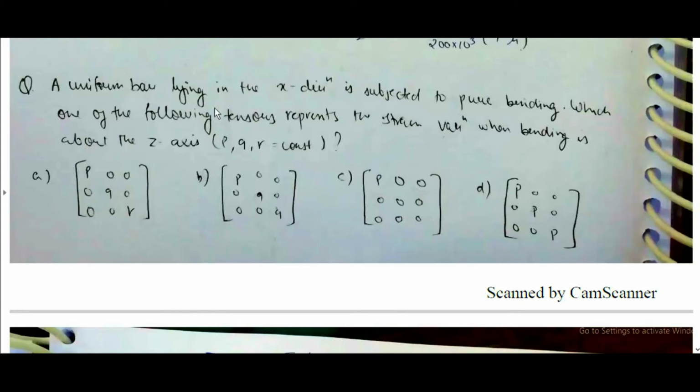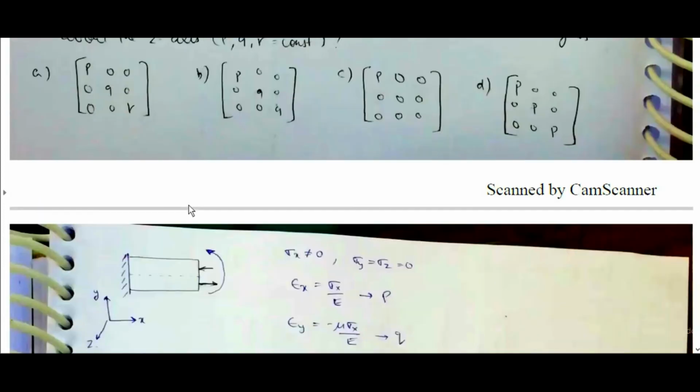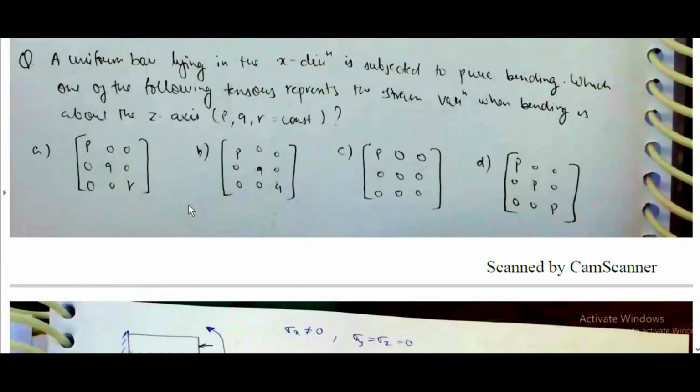A uniform bar lying in x direction is subjected to pure bending. Which of the following options represent strain variation when bending is about z axis? Bending is about z axis.